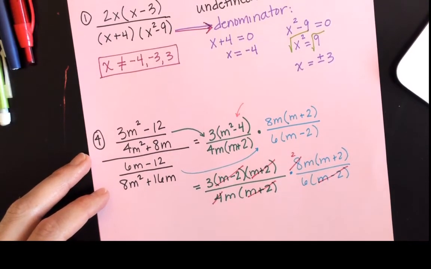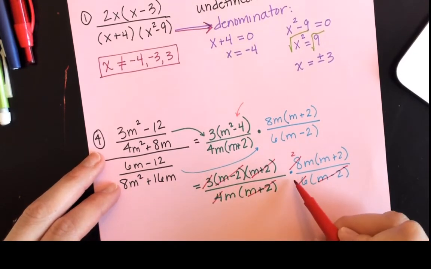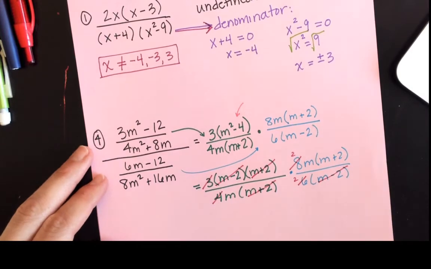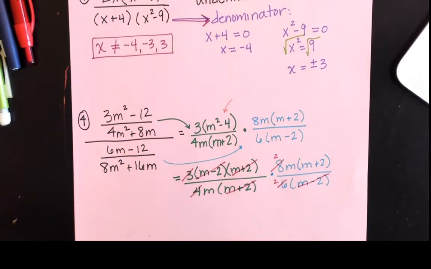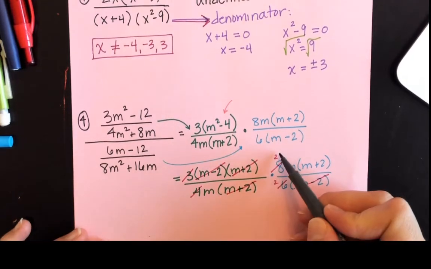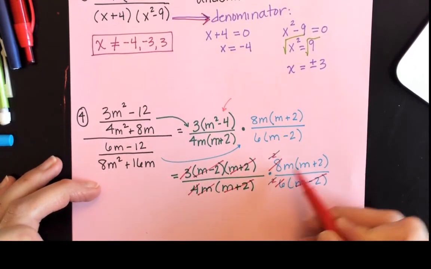So again, top to bottom, these two can cancel. These two can cancel. I end up with my 4 and my 8 canceling. I end up with the 3 and the 6 canceling, and that left me with 2's. So now what that means is I can also cancel out those 2's because we end up with 2 on top and 2 on the bottom. So those guys will cancel. I can also cancel the m's.